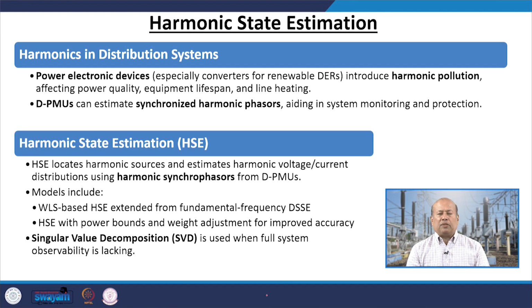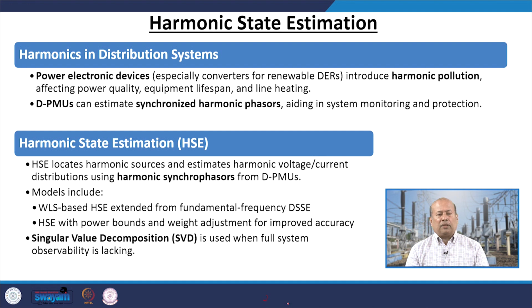Harmonic state estimation is an important aspect in distribution systems, where power electronic devices, especially converters for renewable DRs, introduce harmonic pollution affecting power quality, equipment lifespan and line heating. D-PMUs can estimate synchronized harmonic phasors, aiding in system monitoring and protection.